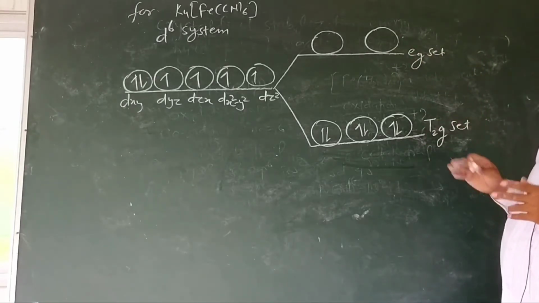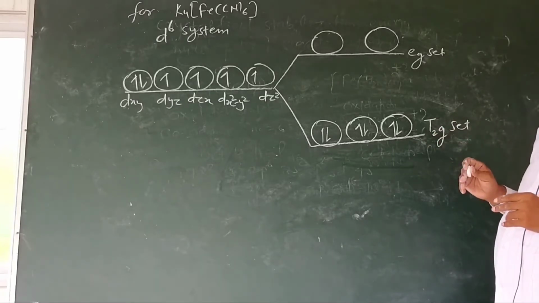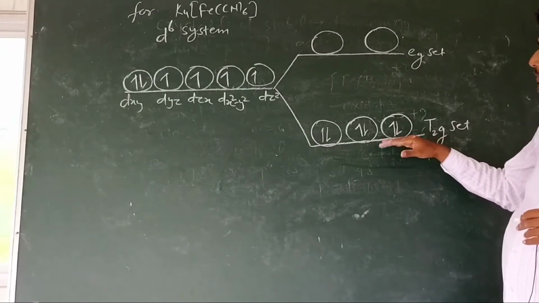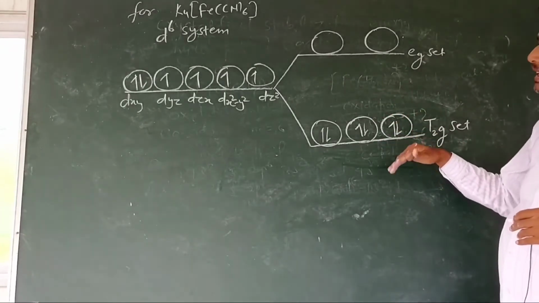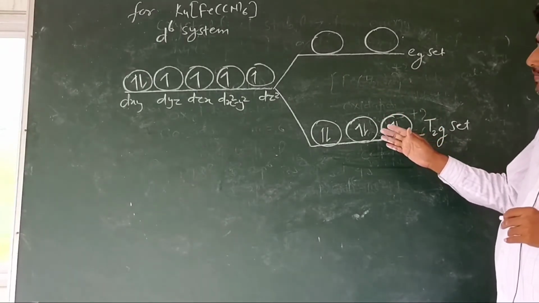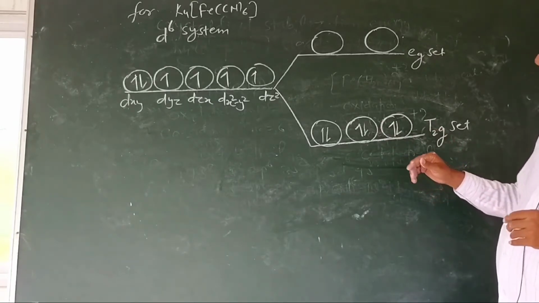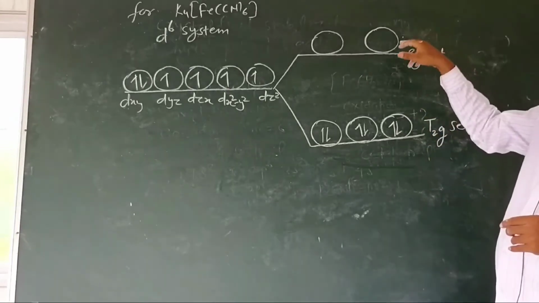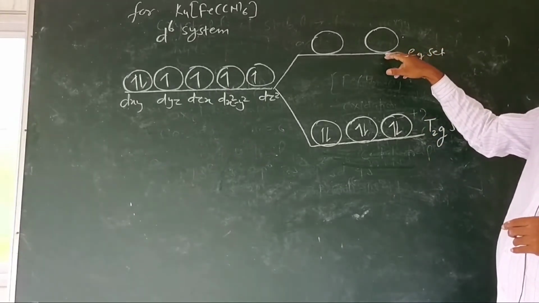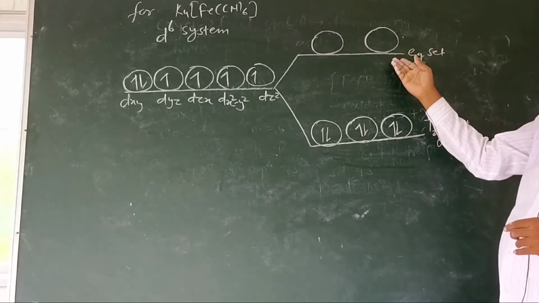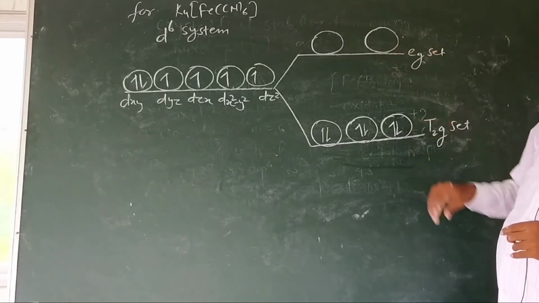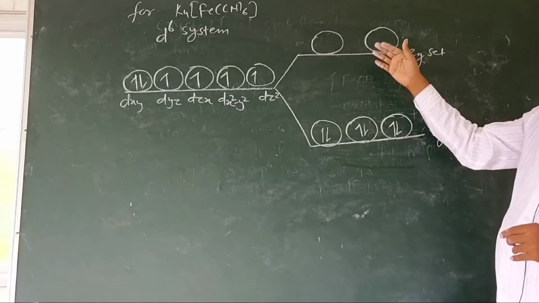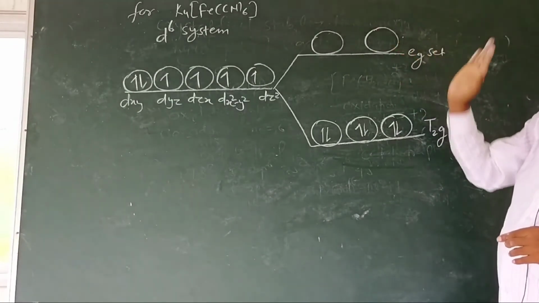After this, we will count the stabilization energy. Each electron in the T2G set stabilizes the compound by 0.4 Δo, and each electron in the EG set destabilizes the compound by 0.6 Δo. Here there is no electron in the EG set, so no destabilization.